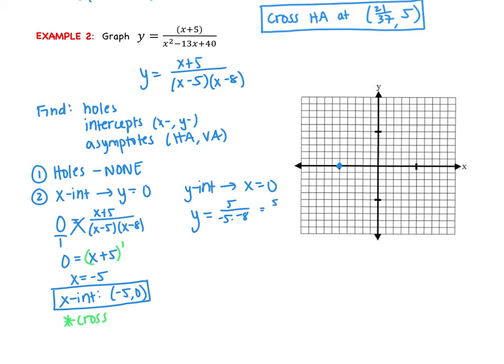So this is 5 over, not 50, sorry, 5 over 40. Which simplifies to 1/8. So our y-intercept then is the point 0, 1/8.